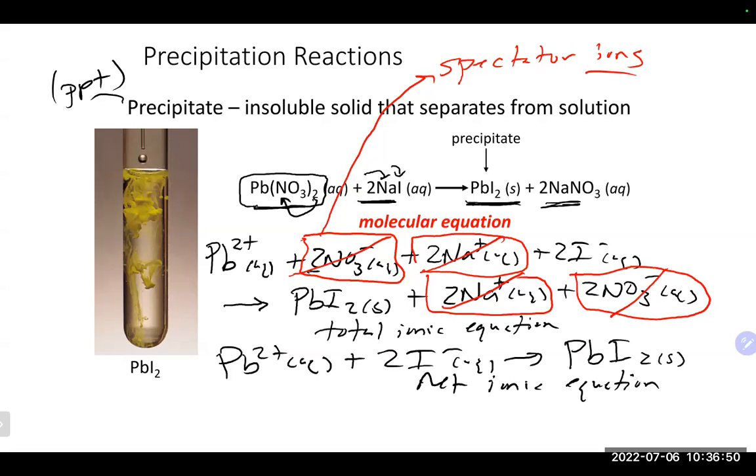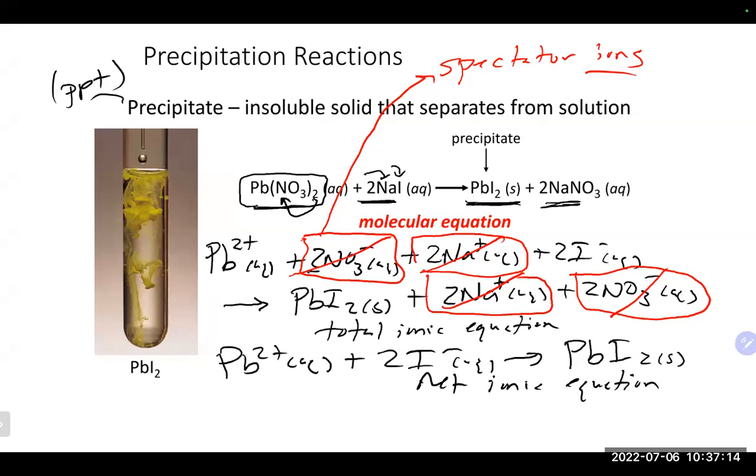The net ionic equation gets right to the heart of the matter and tells you exactly what is happening in this reaction. As you can see in the test tube, we mix these 2 solutions together and we get a yellow solid that forms. That yellow solid is made up of the lead 2 from the lead 2 nitrate and the iodide from the sodium iodide coming together.